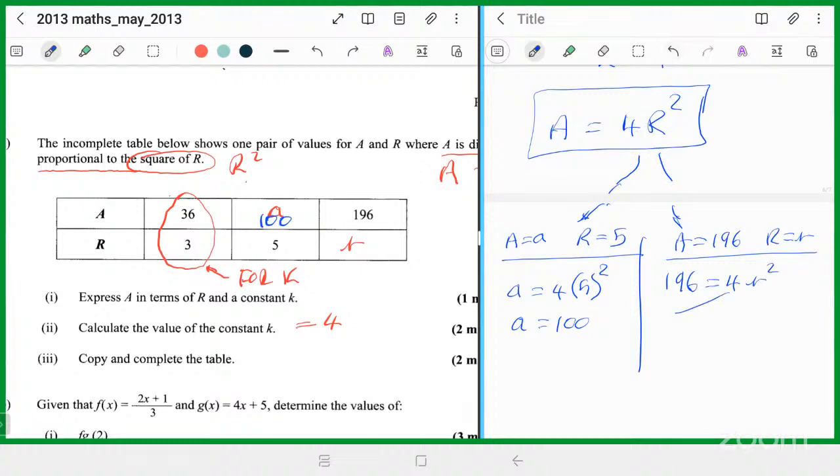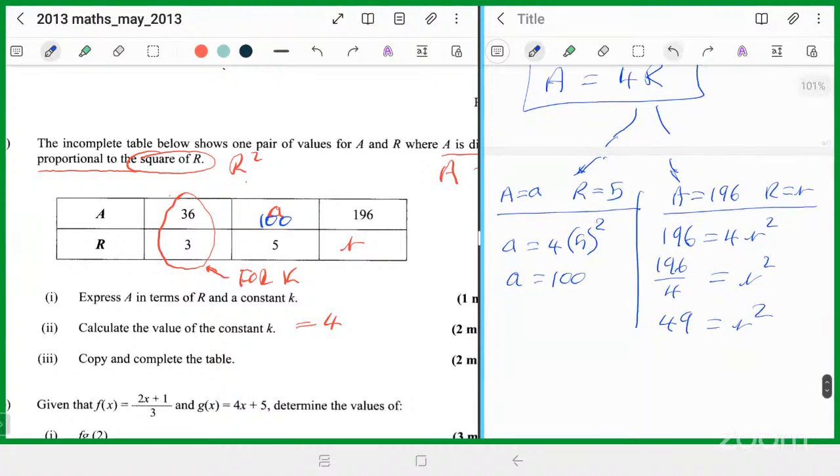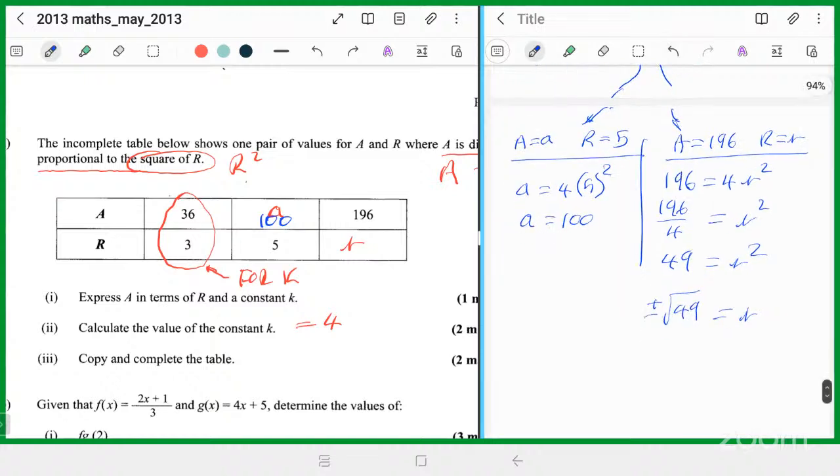Divide by this 4, and R squared equals 196 over 4, which is 49. You're going to square root to get R by itself. Remember, it can be plus or minus the square root of 49, which means R will be plus or minus 7.